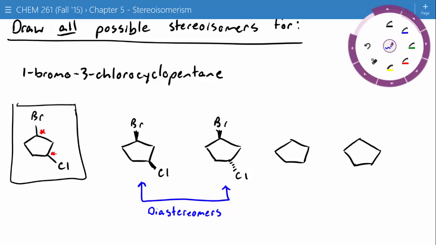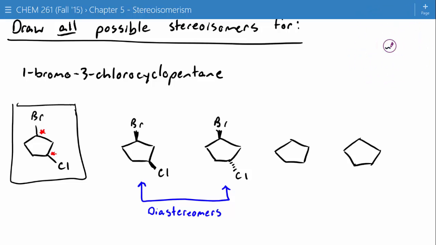All right, let's continue on. What if we have the bromine as a dash and the chlorine as a dash? What's the relationship between these two? They're also diastereomers, right? We flipped one but not both stereocenters.